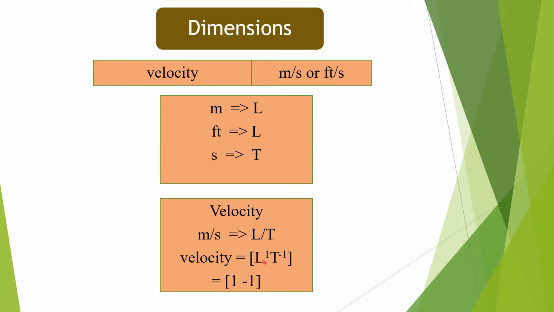Now we can define dimensions. Dimensions are the powers to which these quantities are raised. Here the quantity of length is raised to the power 1 and the quantity of time is raised to the power minus 1. So we have dimensions of velocity 1 and minus 1.